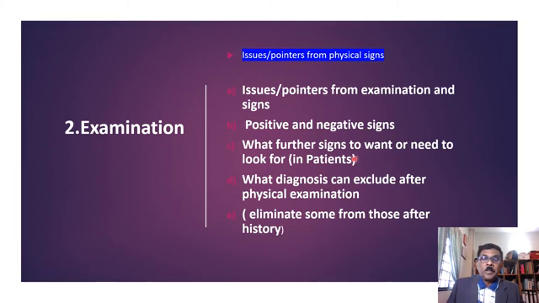After this, you decide what diagnosis you can exclude after the signs that you obtain from the physical examination. That is, to eliminate some of the diagnoses from those that you have listed after the history.